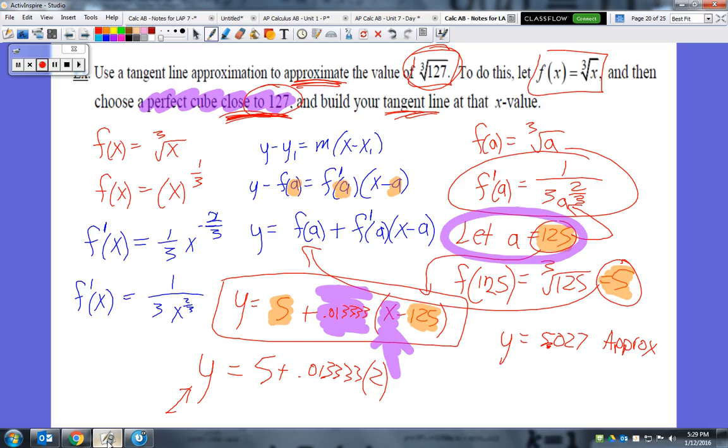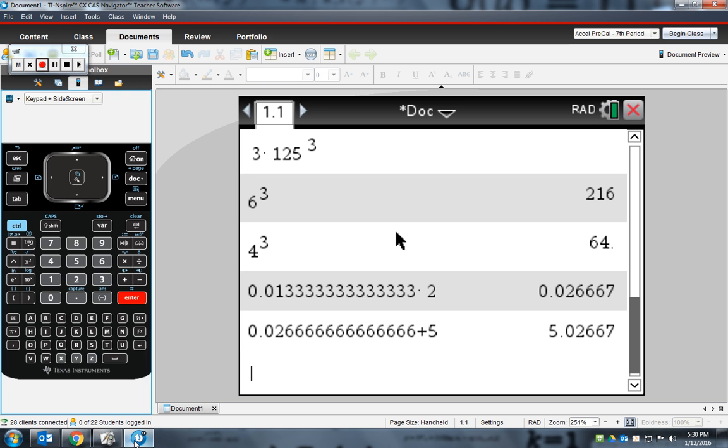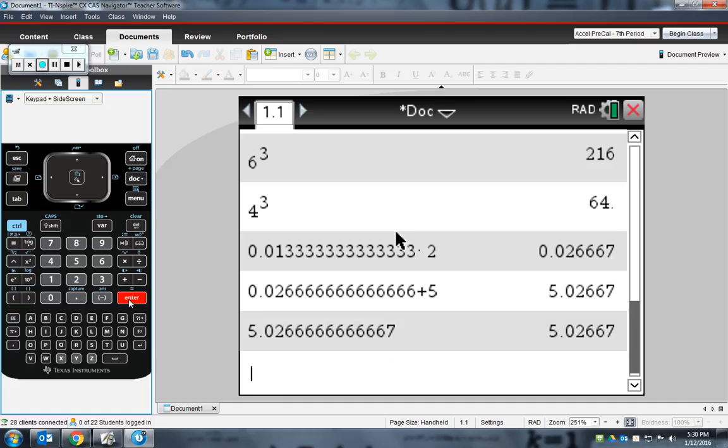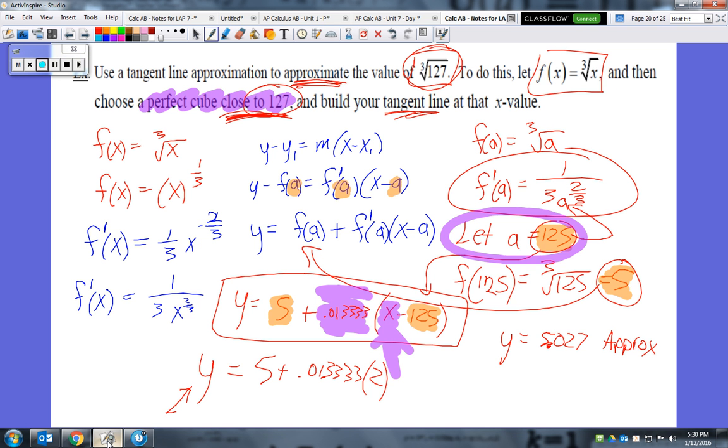And we're going to compare it to the actual. So let's keep going as far as writing out. So we have 5.0266666. I'm just trying to show you how close it is. So 5.02666. That's where that's coming from.